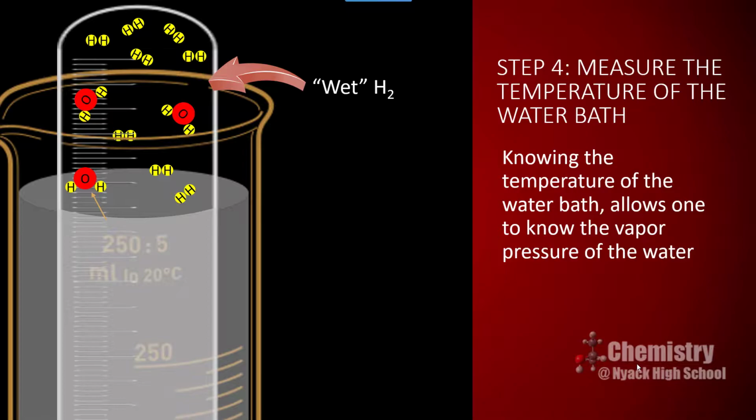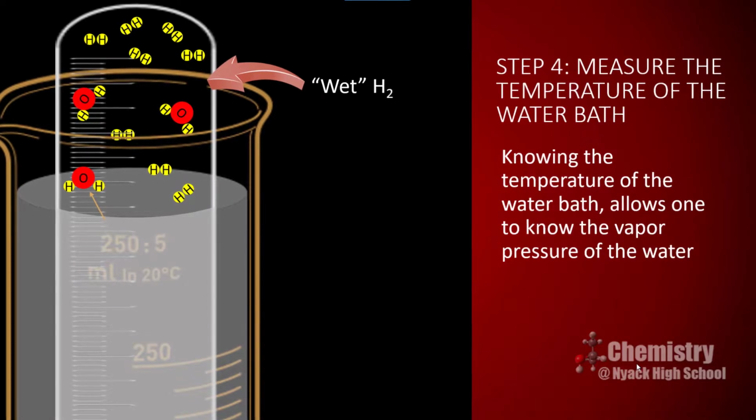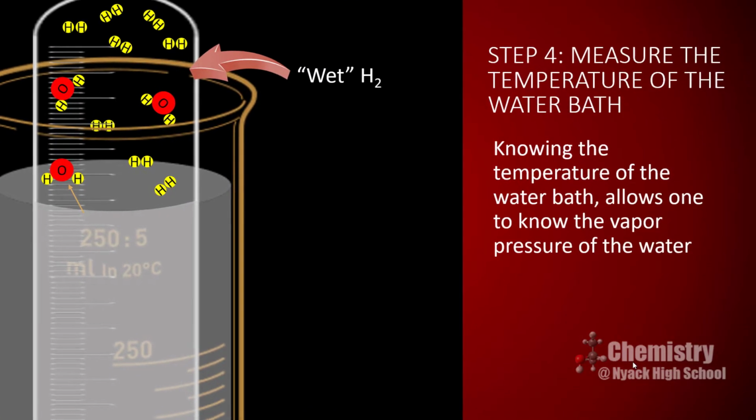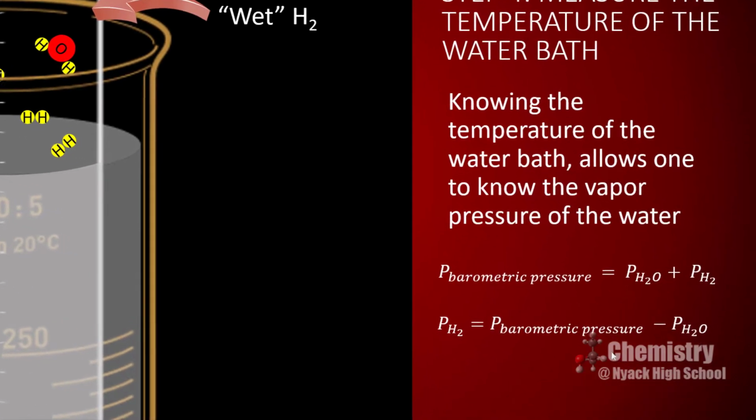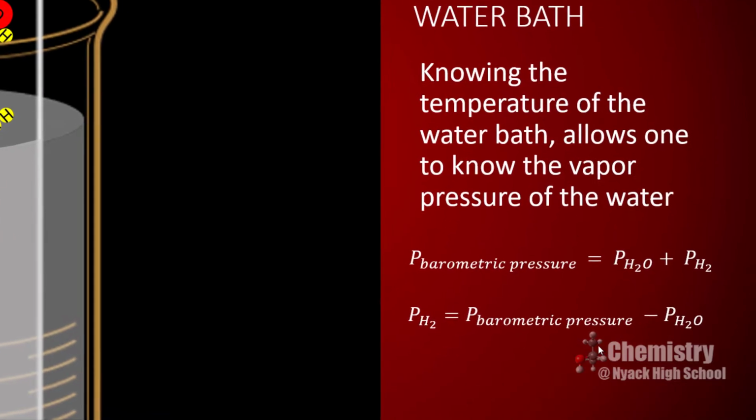Even though most of the gas inside the eudiometer will be hydrogen gas, a certain portion of it will be water vapor, as the water inside the eudiometer will vaporize to some extent. Knowing the temperature of the water allows us to know the vapor pressure of the water inside of the eudiometer.